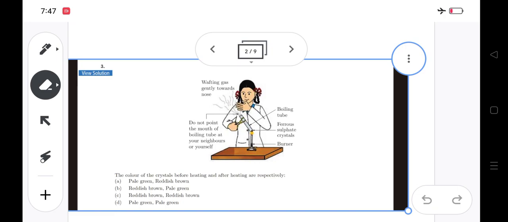Now, you found out that this ferrous sulfate crystal is heated. So it is actually a thermal decomposition reaction, isn't it?